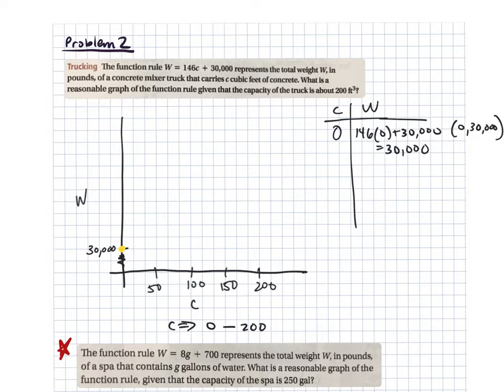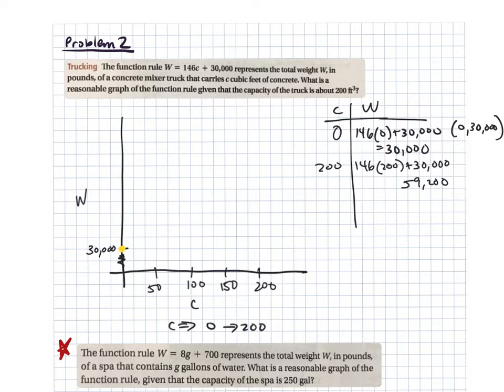All right, then that's where this graph is going to start. Okay, and then the highest it can go to is 200. So let's plug in 200. When we plug in 200, we get 59,200. So let's just put that, it has to get up to 60 then. 4, 5, 6.